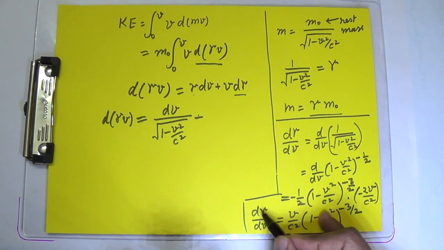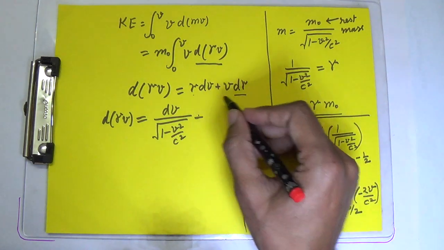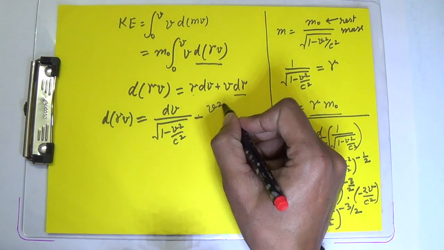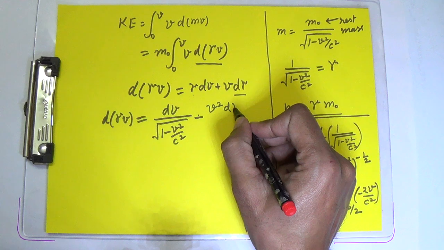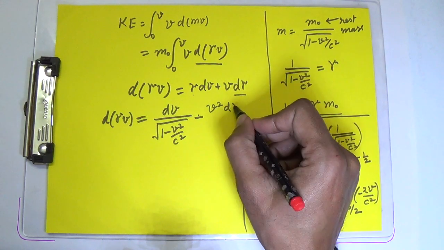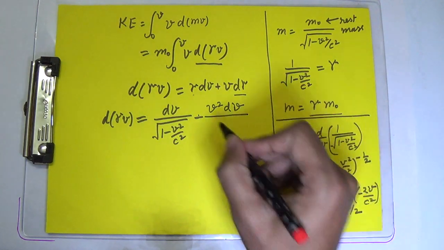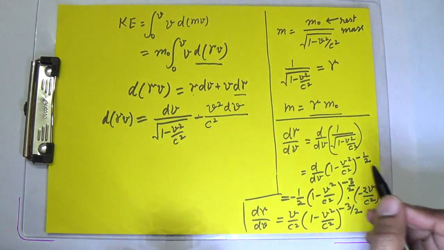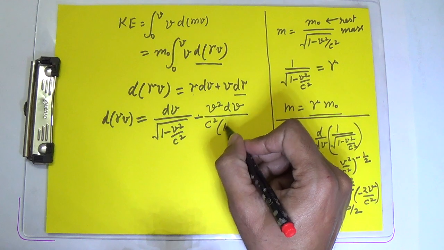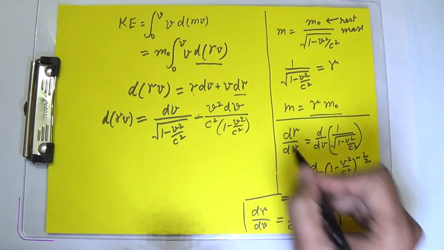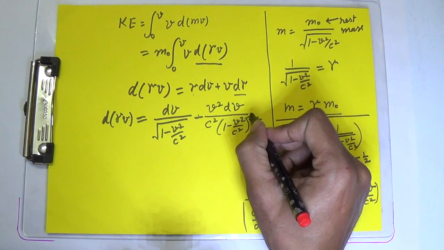I need only d gamma, so dv goes here. So v times v is v square, and this is dv upon c square, and this 1 minus v square upon c square is to the power 3 by 2.